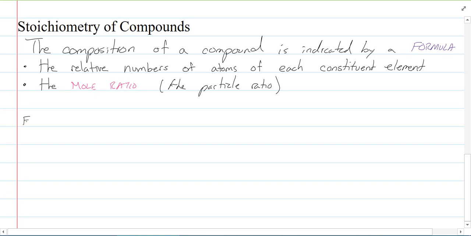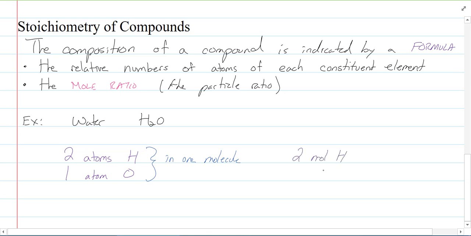If we take an example, water, H2O, we know we have 2 atoms of H and 1 atom of O in 1 molecule, or 2 moles of H and 1 mole of O in 1 mole of water.